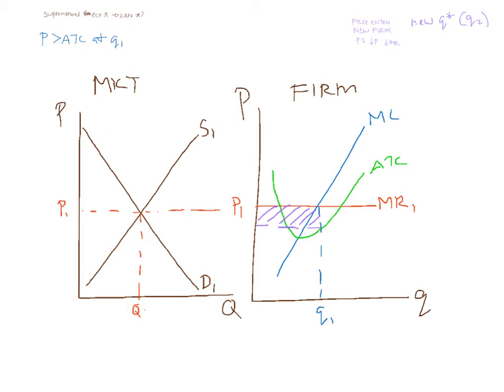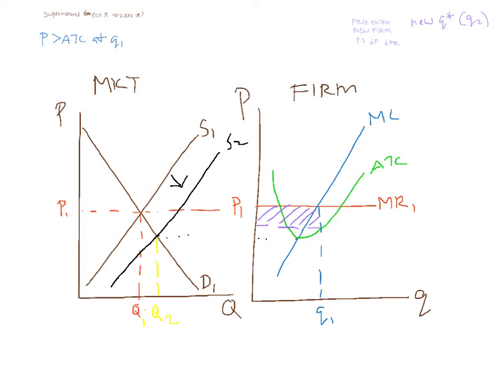Make sure it's going to touch from there. Okay, so I'm going to say there's going to be an increase in supply. New supply curve S2. This will give me new equilibrium points.